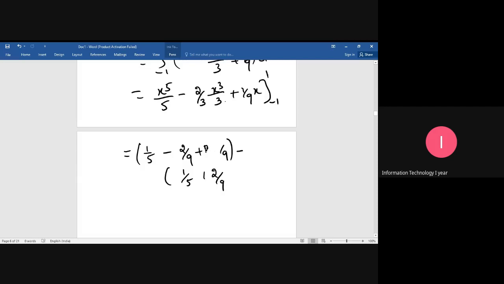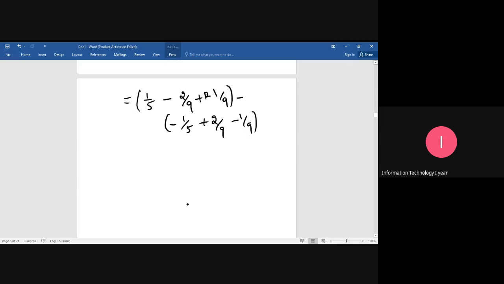So this is 1 by 5 minus 2 by 9 plus 1 by 9, minus, here, 1 by 5. This is plus, then the last value is minus 1 by 9. So substituting here also it is minus 1 by 5. Now simplifying, this is equal to 1 by 5 minus 2 by 9 plus 1 by 9, minus multiplied, plus 1 by 5 minus 2 by 9, then minus into minuses plus 1 by 9.